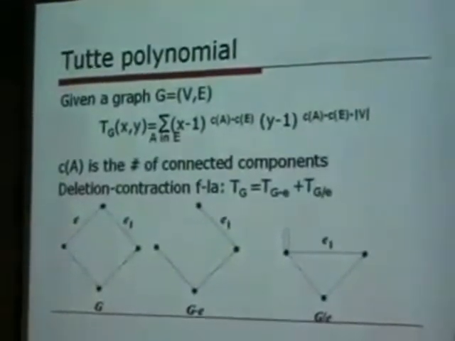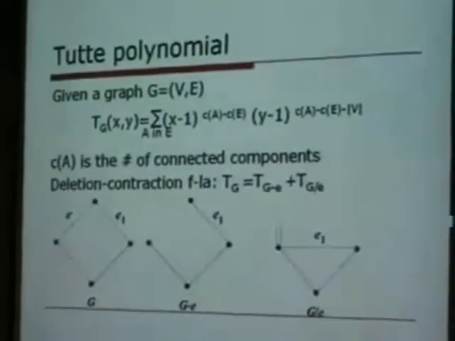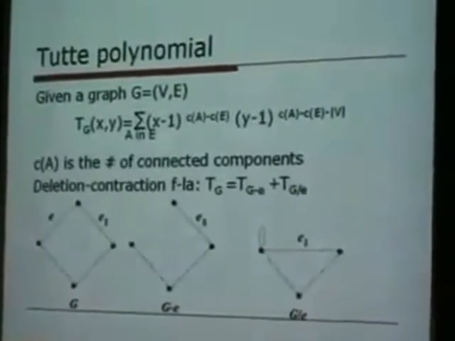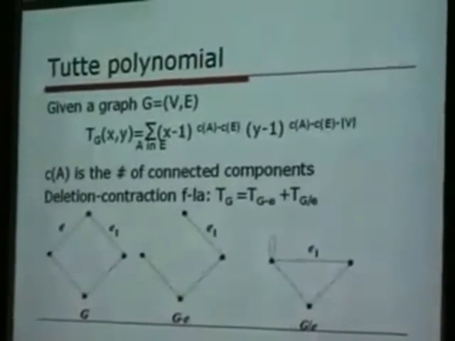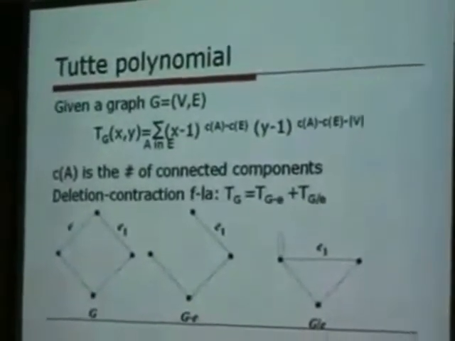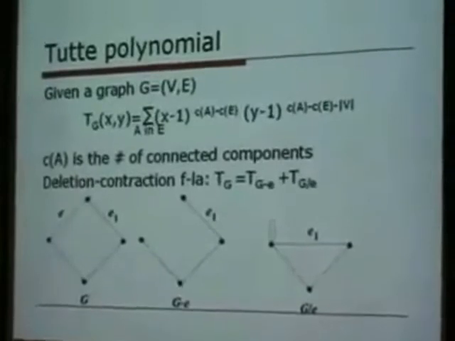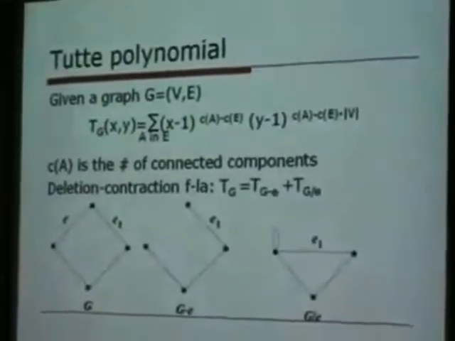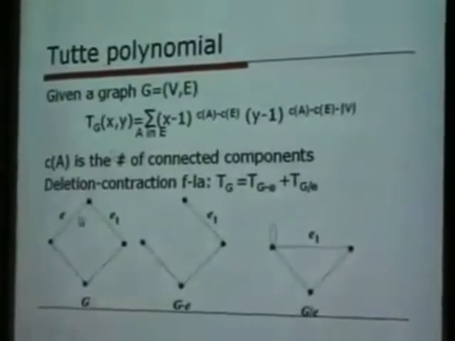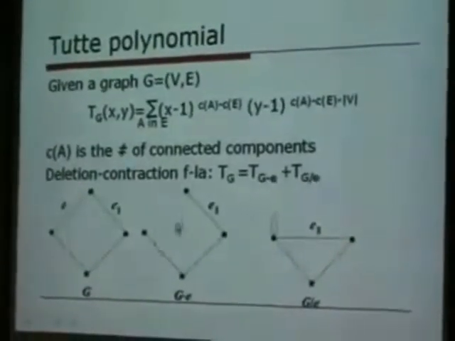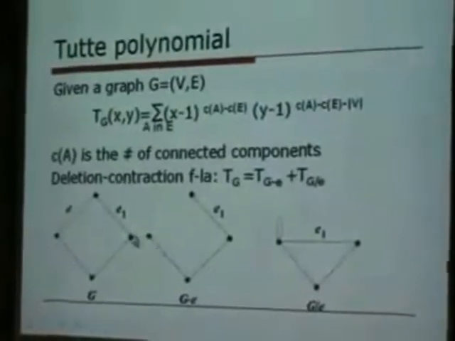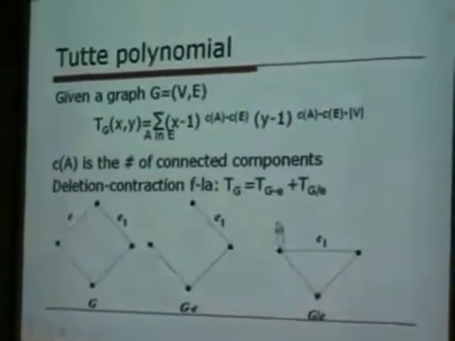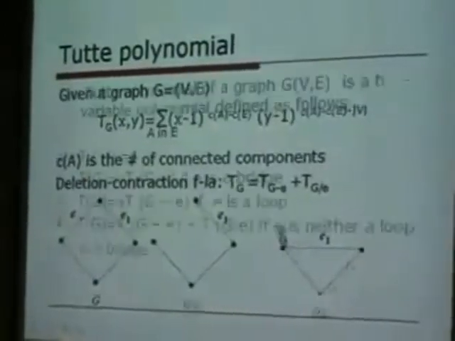And there's a nice property that this polynomial satisfies, the deletion-contraction formula. It's a recursive formula that relates the Tutte polynomial of your graph with the Tutte polynomial of the graph obtained by deleting, let's say, this edge e, getting the graph G minus e, or by contracting this edge, so this edge e becomes a small loop.